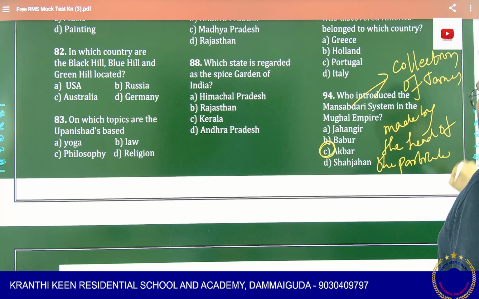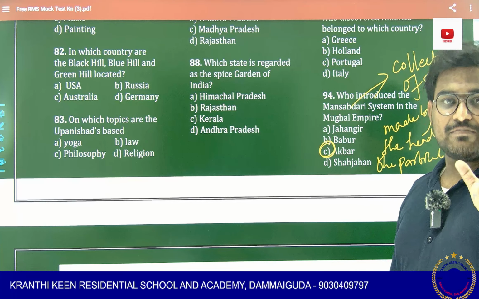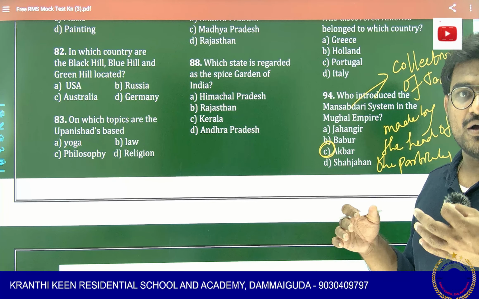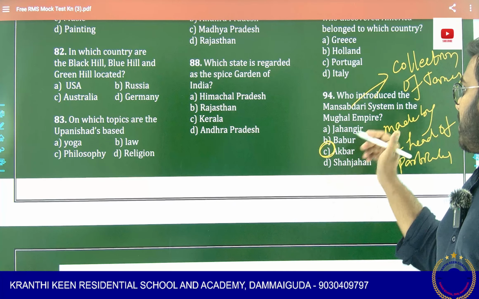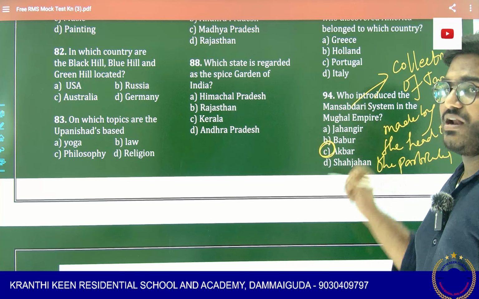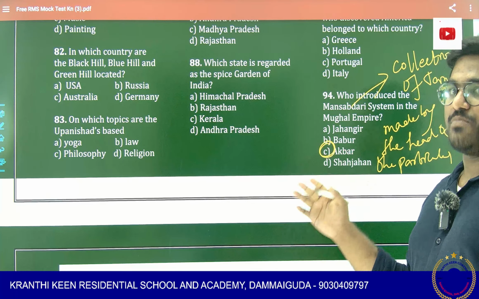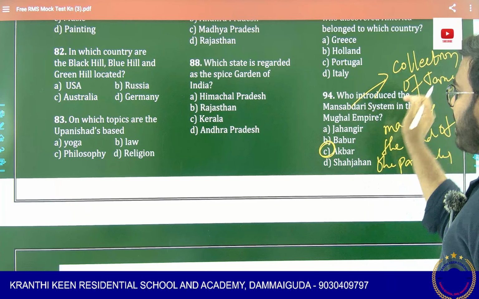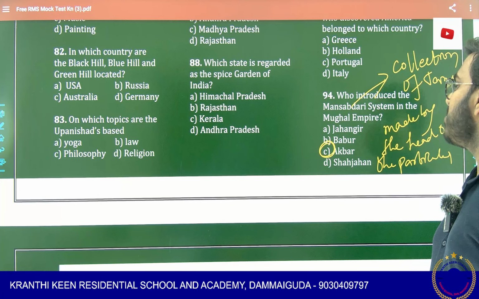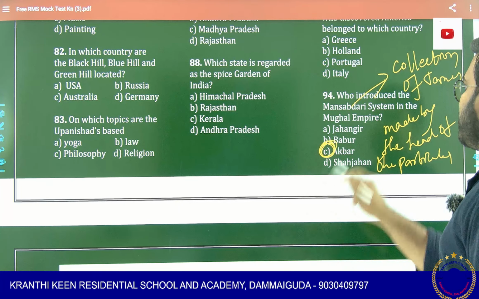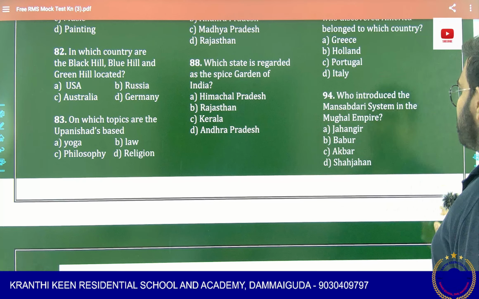He selects one member from the village who is the wealthiest and who is known by everyone. Then he will collect all the taxes, including the norms given by the king of the kingdom. The system was introduced by Akbar in the Mughal Empire.